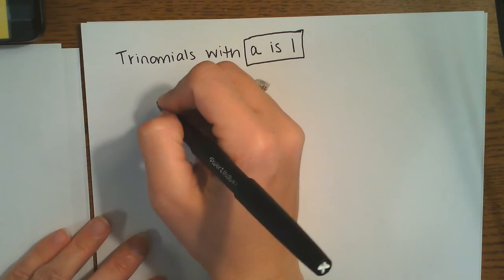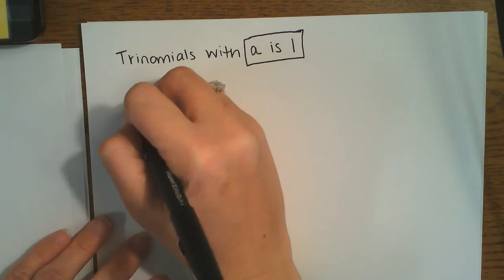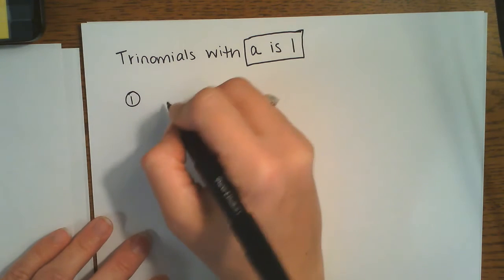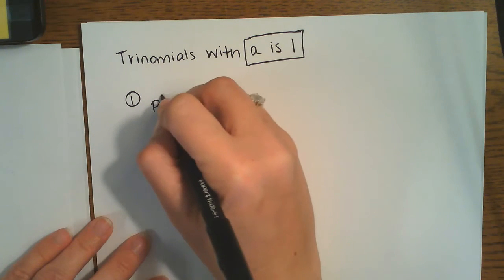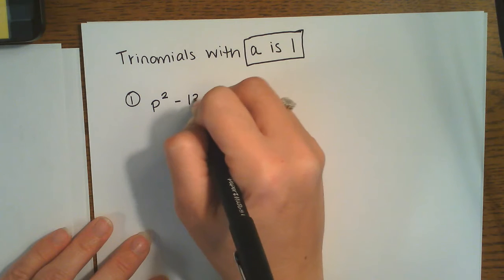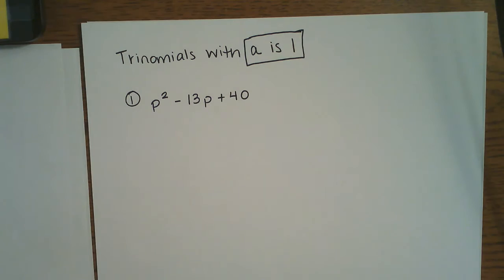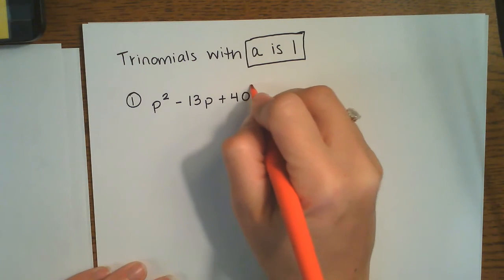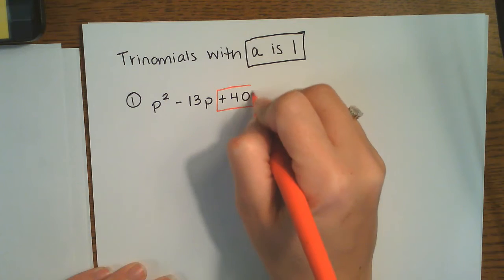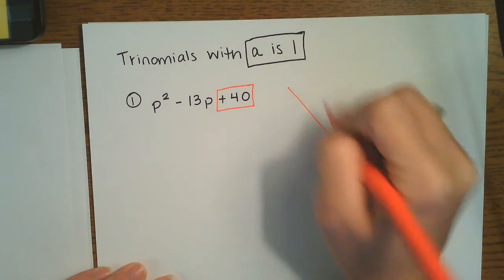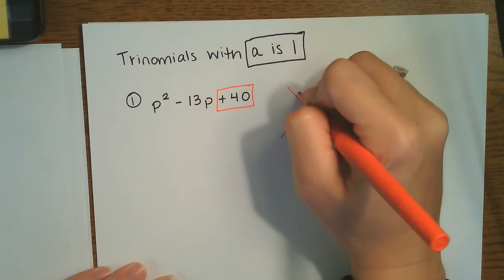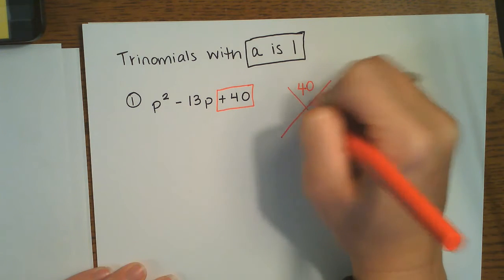All right, trinomials. So we're looking at p squared minus 13p plus 40. So this back number, we're going to look for what multiplies to 40.